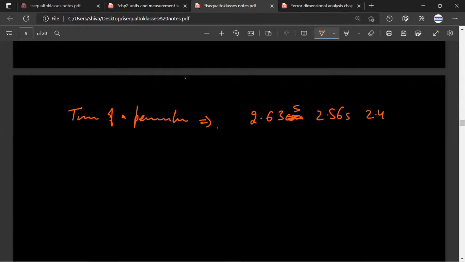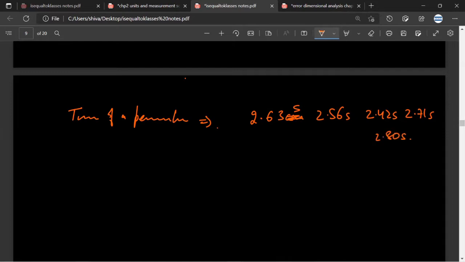Let us try to understand this. For example, I am trying to measure the time period of a pendulum. Let us assume we take that example only. So the readings that I have are 2.63 second, 2.56 second, 2.42 second, 2.71 second, and 2.80 second.